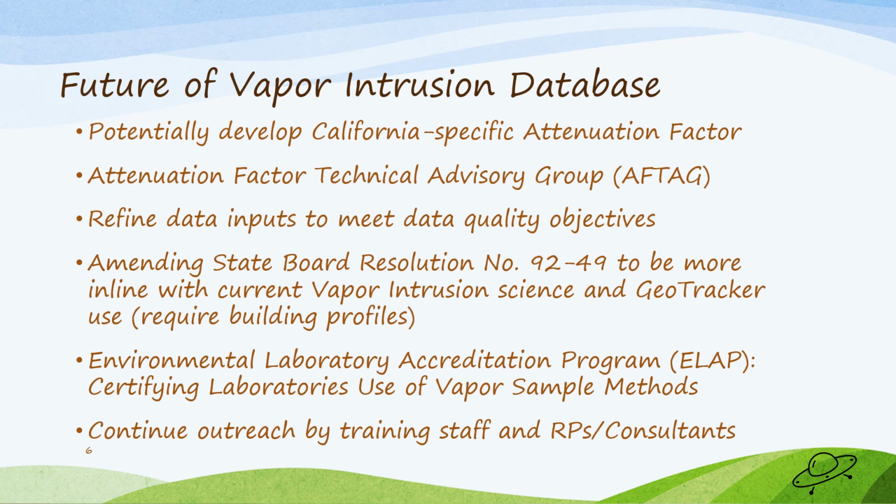This group would be in charge of refining data inputs for GeoTracker to meet data quality objectives. The Division of Water Quality is also currently working on amending State Board Resolution number 92-49 to be more in line with current vapor intrusion science and include requirements for uploading building profiles.